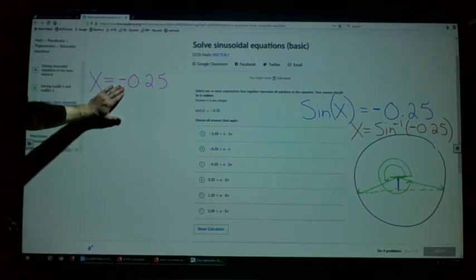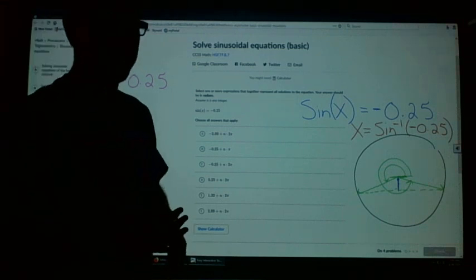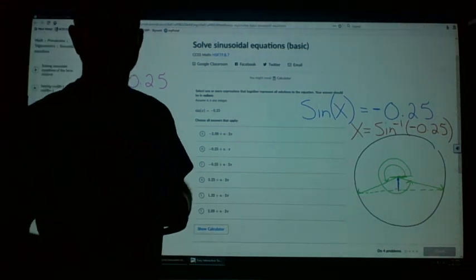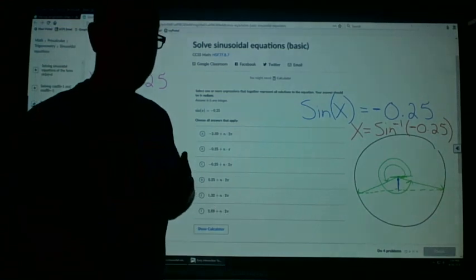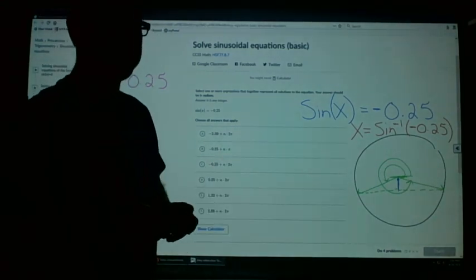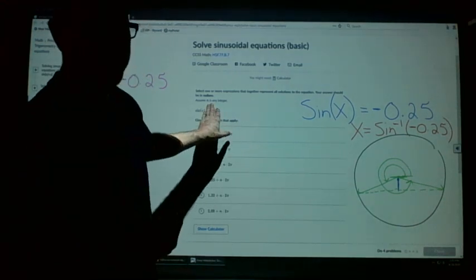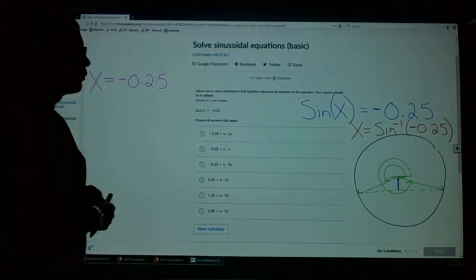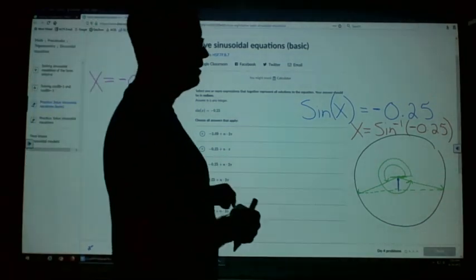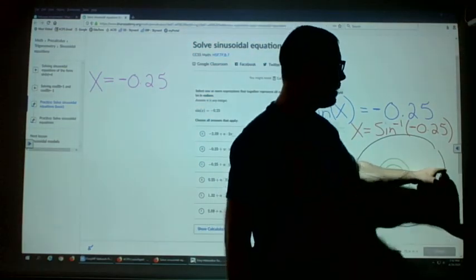So, negative 0.25 plus or minus the period of sine. Sine and cosine are nice because their period is one circle. As we saw on the first example, I used 360 degrees, k times. In this case, I think they use n. But in radians, there are not 360 degrees in a circle. There are 2 pi radians.